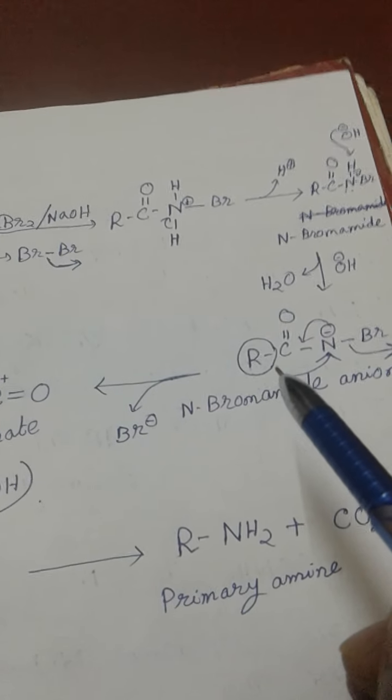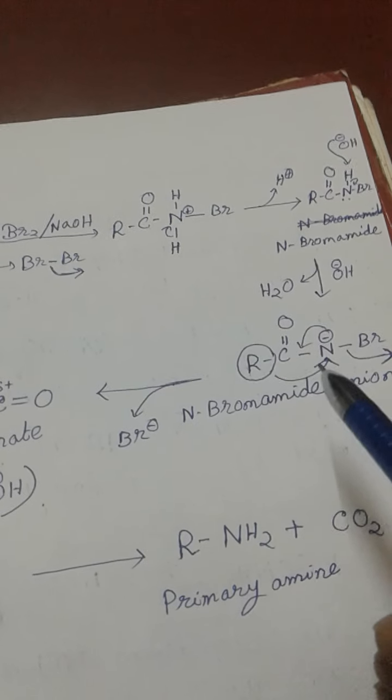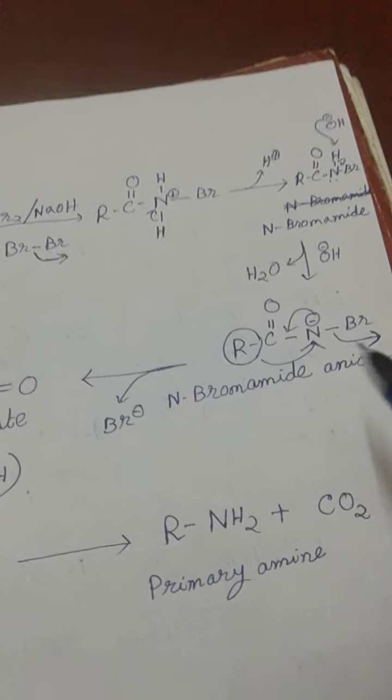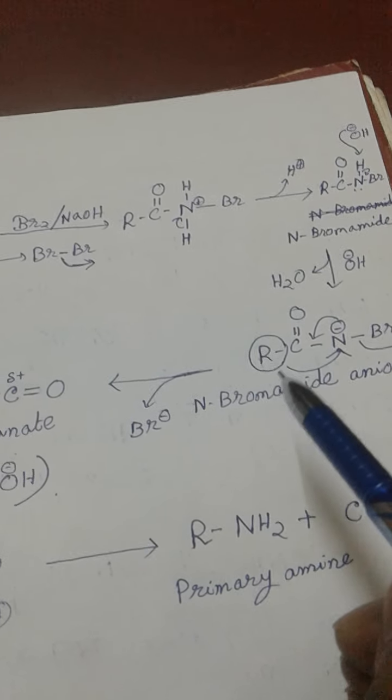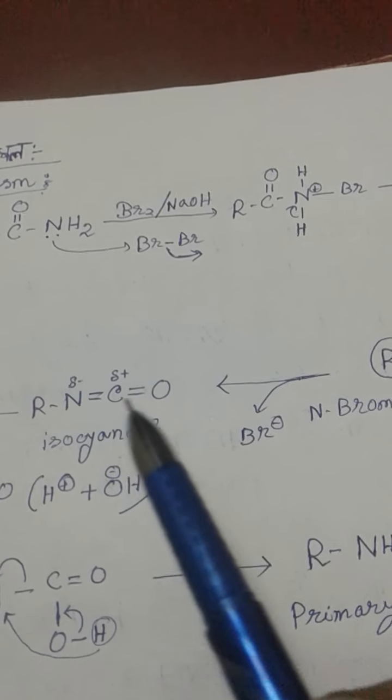This is impossible, so R rearranges its position from C to N, and Br minus is eliminated. This forms R-N=C=O.